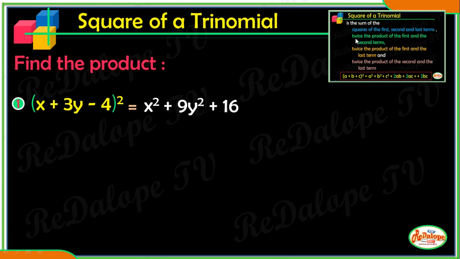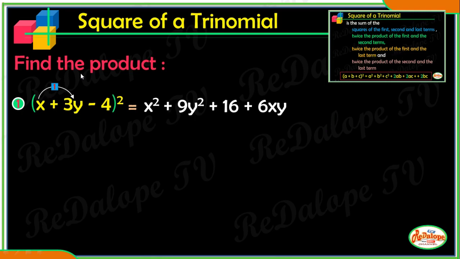Now to obtain the fourth term, that is twice the product of the first and the second term. So that is x times 3y, 3xy, then times 2, so that is positive 6xy. And then the fifth term, twice the product of the first and the last term.